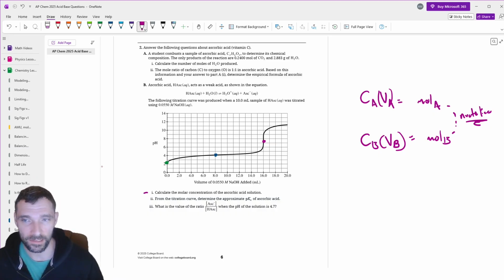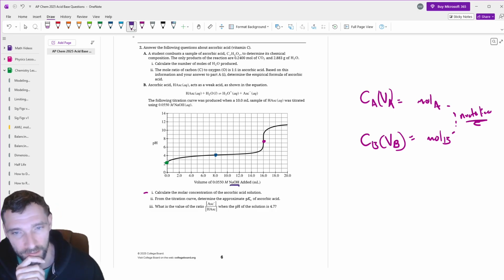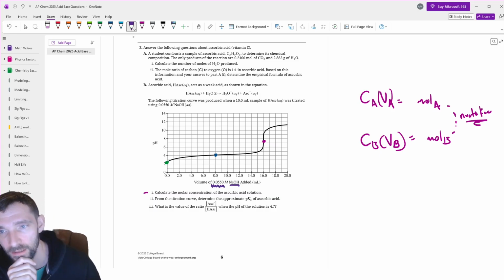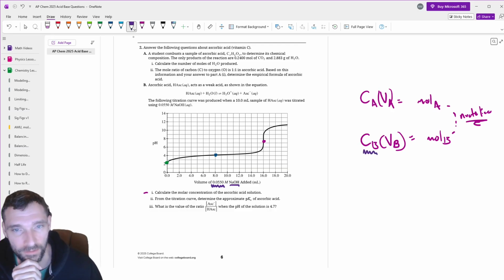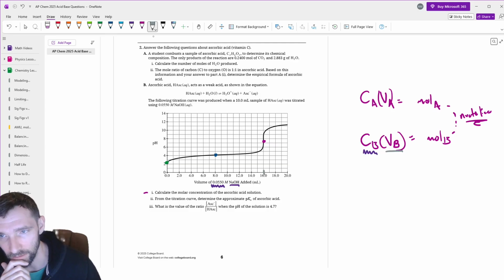And so in this case, we've got some sort of base, which is this NaOH, and we have that concentration right here. So we have the concentration of the base, and you can also see that it has a certain volume. So we have that volume as well.